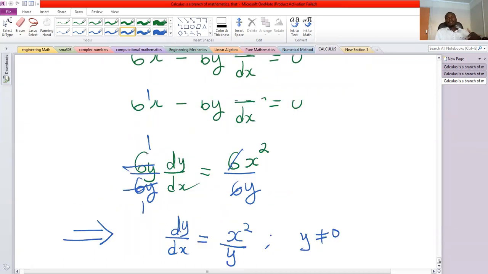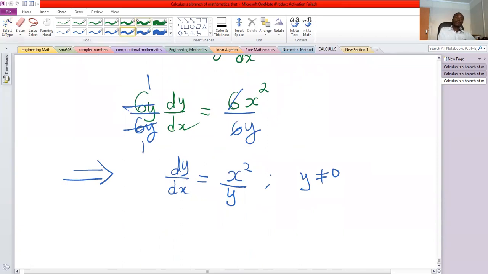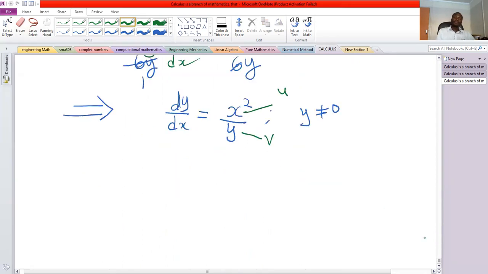Now, to get the second derivative, we usually differentiate the first derivative. And so we use, this is u, this is v, so we use the quotient rule.